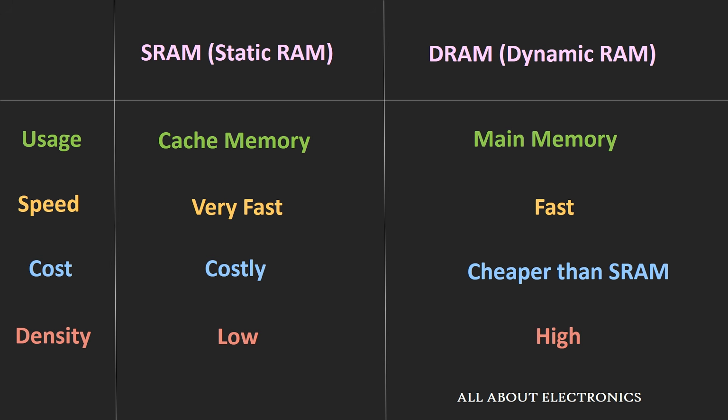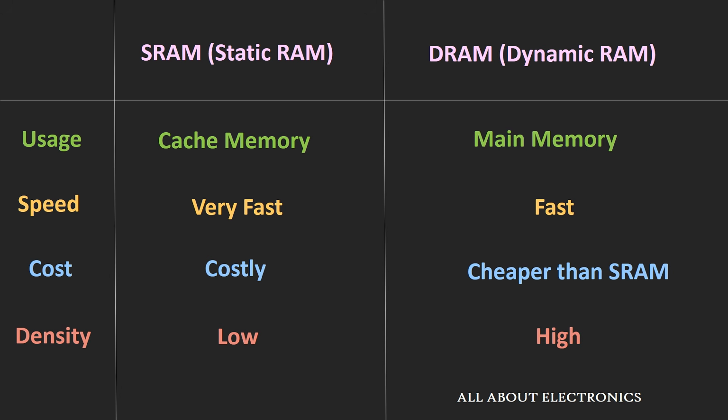Another aspect in which we can compare these two RAMs is power consumption. The power consumption of SRAM is lesser compared to DRAM. But when we operate SRAM at higher frequencies, the power consumption of SRAM and DRAM are comparable. So these are the basic differences between SRAM and DRAM.